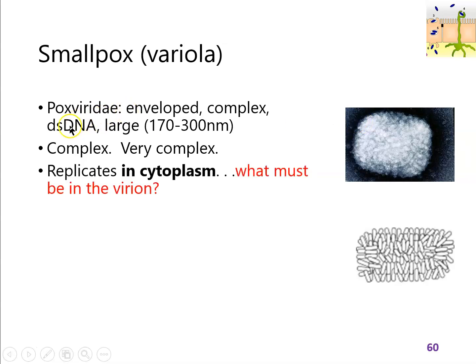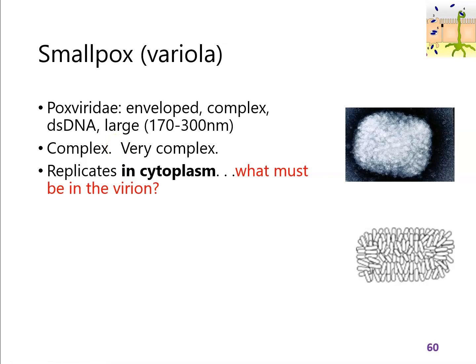It's a DNA virus, but it replicates in the cytoplasm. So what does that mean? What enzymes does it have to carry? Well, to copy its DNA genome, it has to encode its own DNA replicase enzyme.